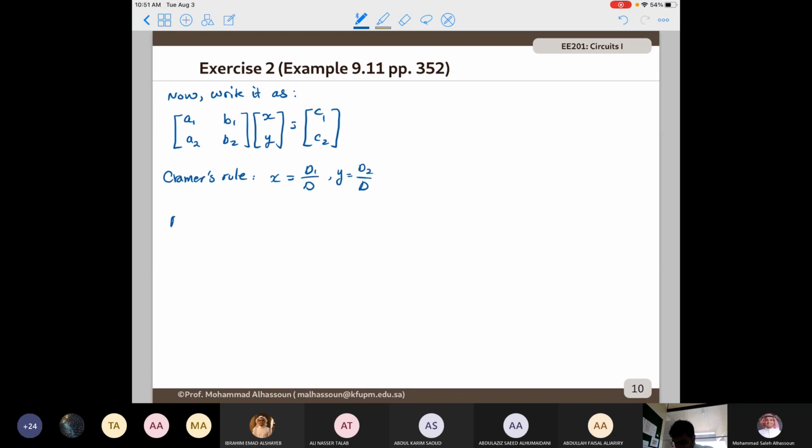D is the determinant of this matrix, A1, B1, A2, B2, and we know that the determinant of this one is A1 B2 minus A2 B1.